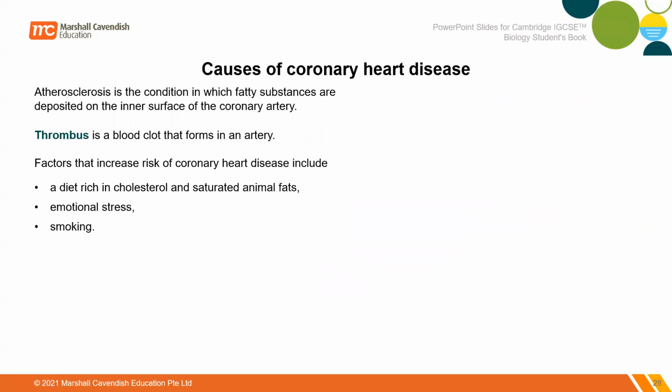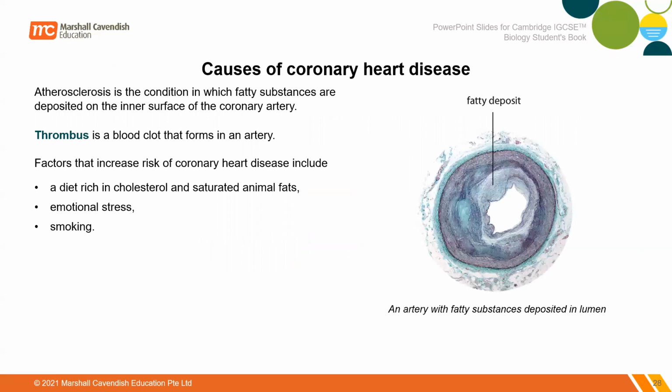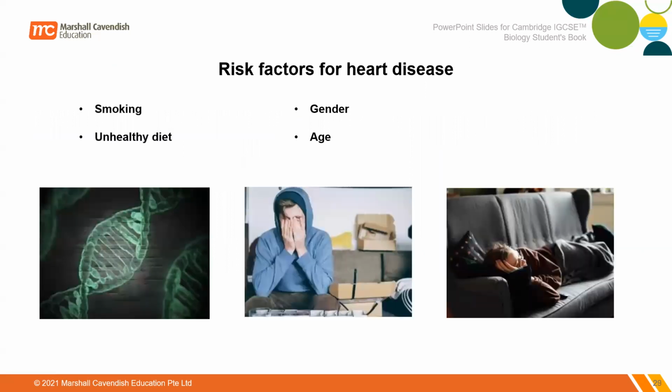So a lot of factors, definitely smoking, emotional stress, and diet when it has too much lipids. This will cause a thrombus. Thrombus means blood clot forms in the artery.